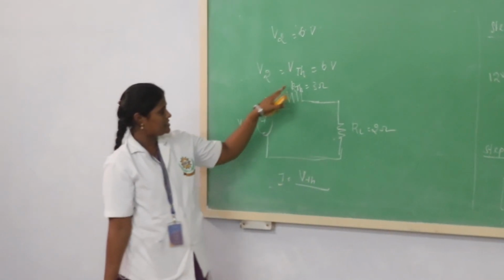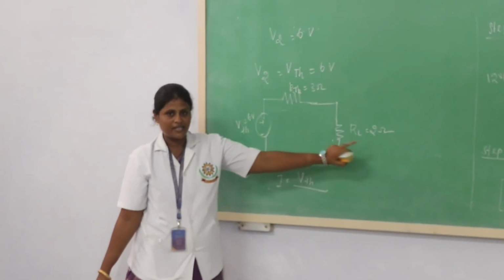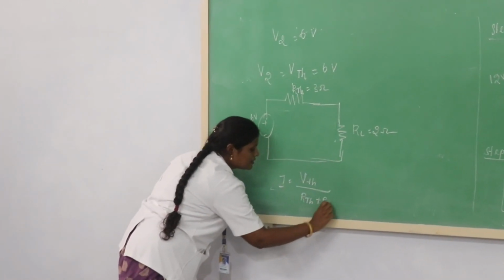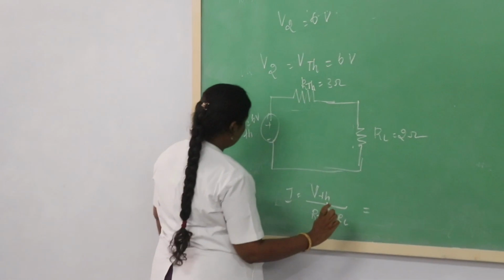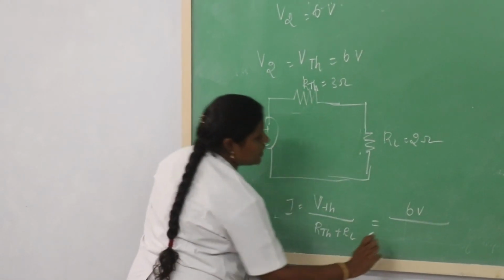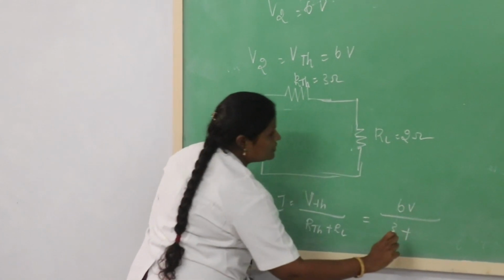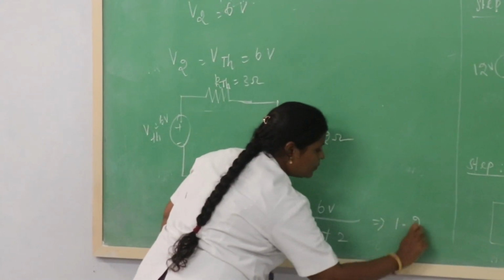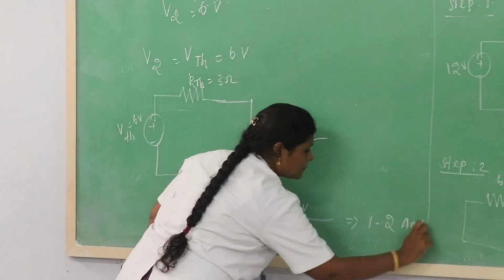The two resistances are in series combination, so RTH plus RL. Substituting the values, VTH value is 6 volt divided by RTH value 3 plus RL value 2. So, we will get the value as 1.2 amps.